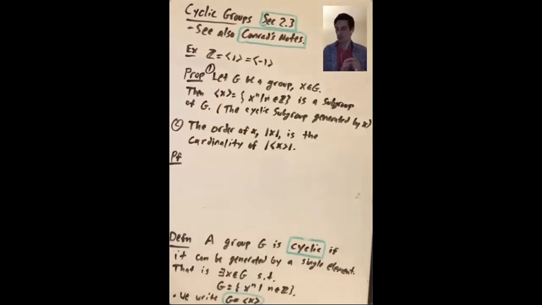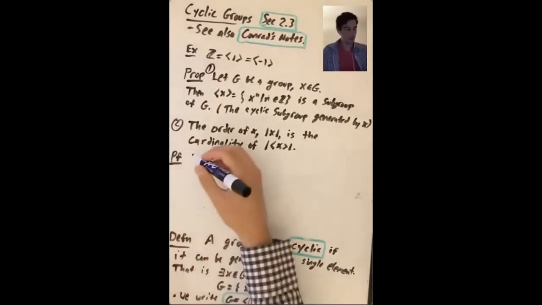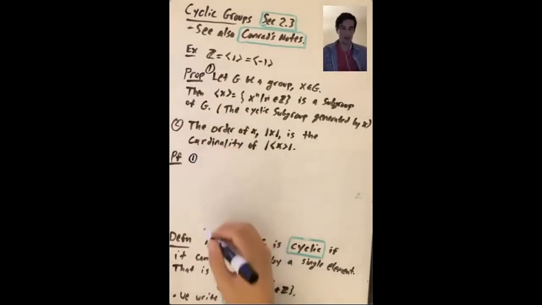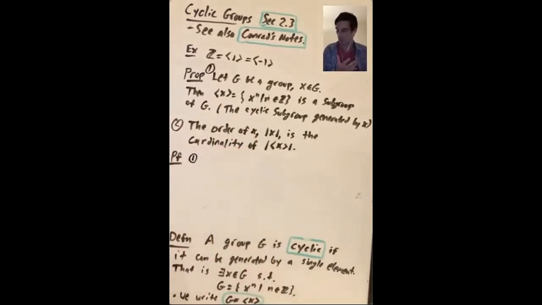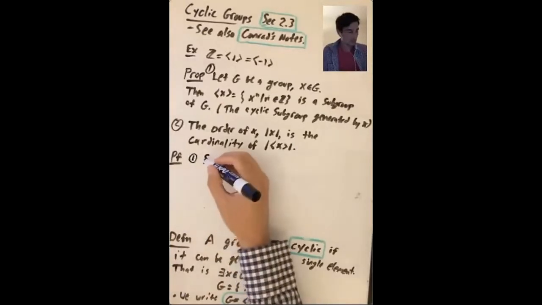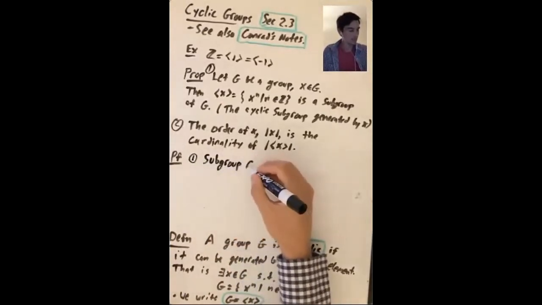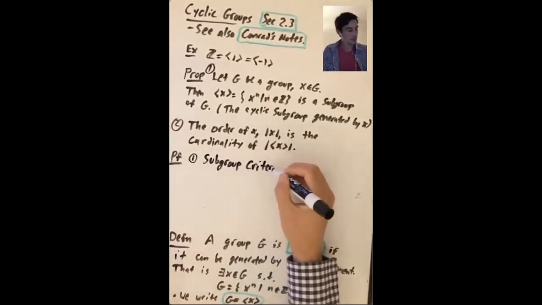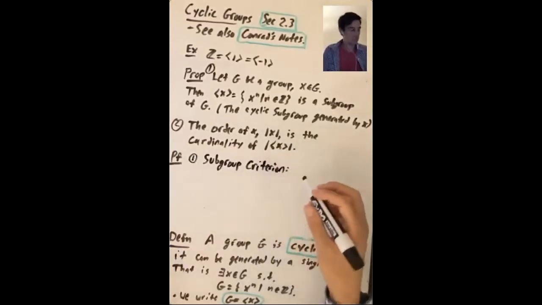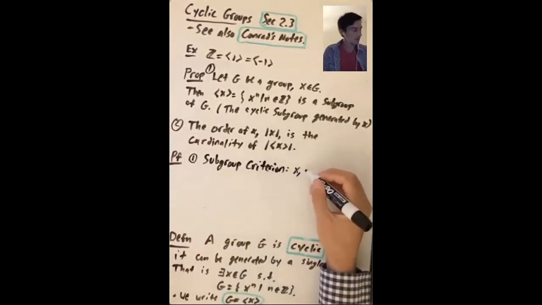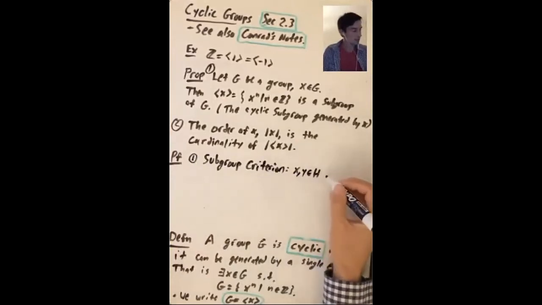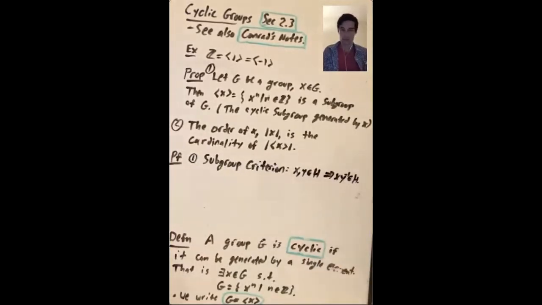So how do you prove these things? Well, let me say something first about the proof of 1. I'm going to run out of space, so I'll pause and erase before I say anything about 2. The idea is to use the subgroup criterion from last time. So we know that H is a subgroup if and only if for all x, y in H, that implies x y inverse is in H. So what does that mean in this case?